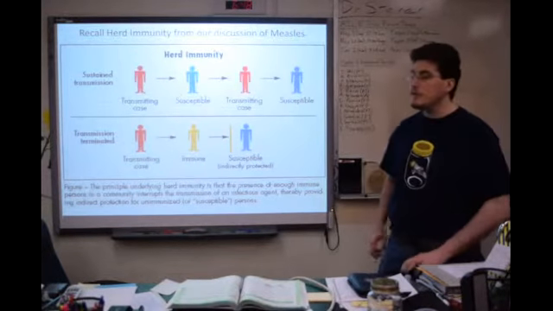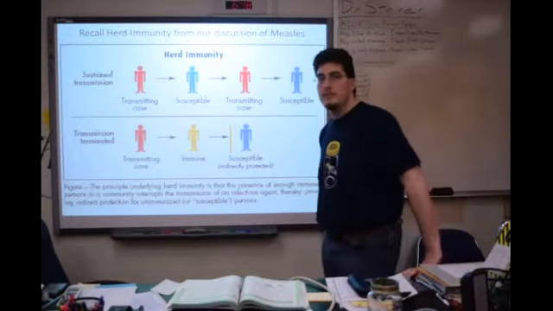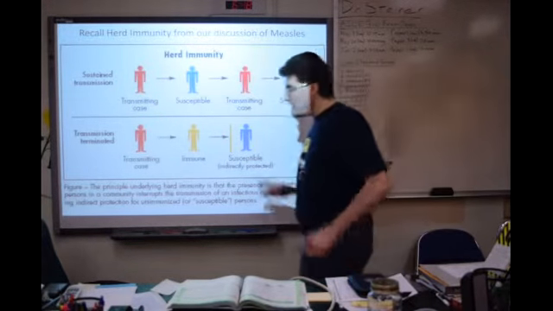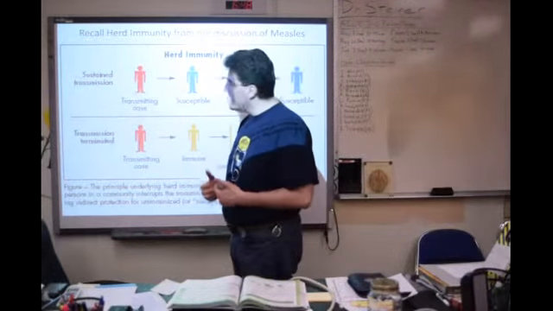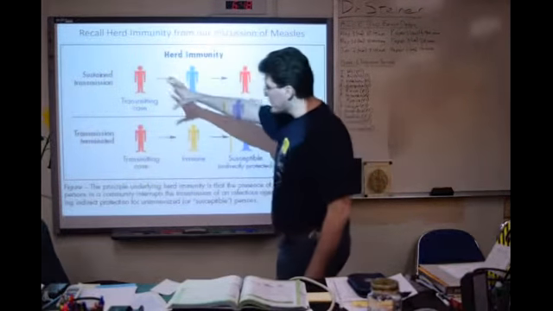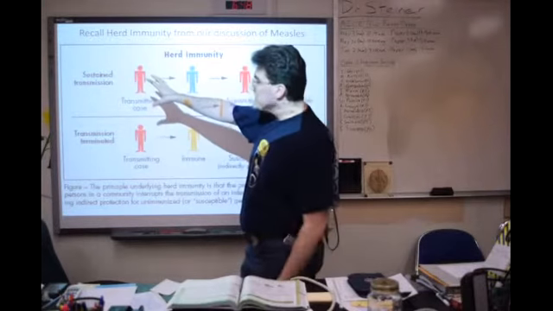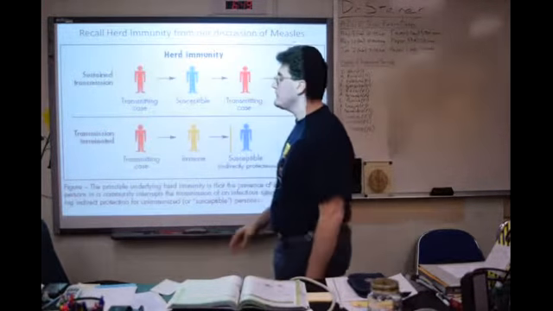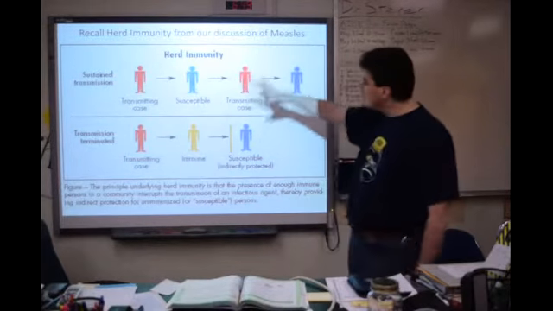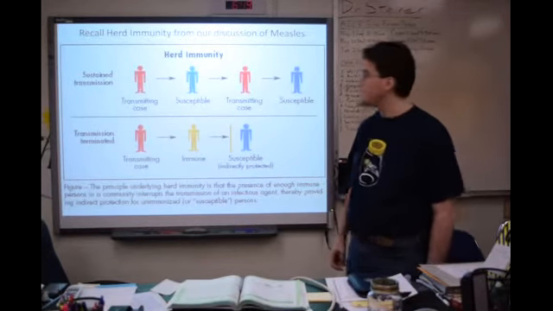Also recall herd immunity from when we discussed measles. In an instance where you do not have herd immunity, you have a transmitting case, an infectious person, who transmits the infection to a susceptible person, and then that susceptible person becomes infectious and transmits it to a new susceptible person.